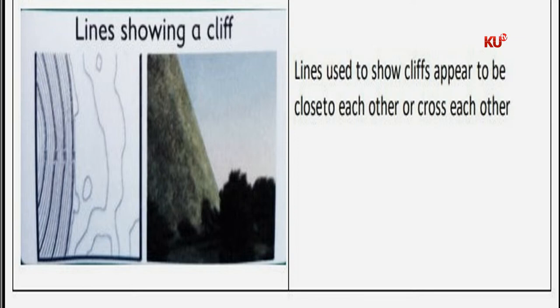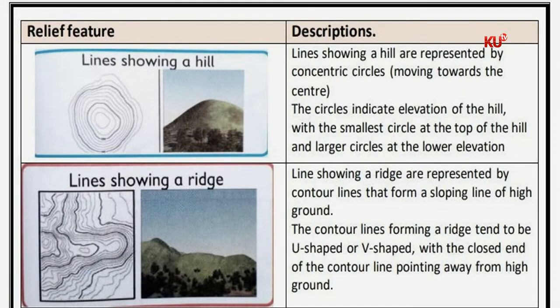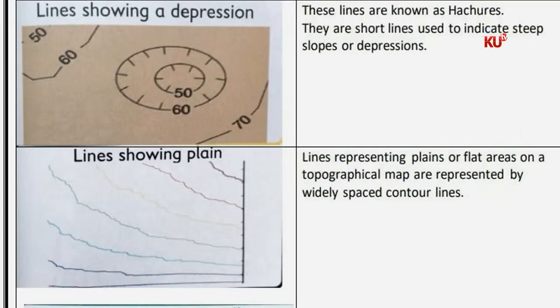And I know you are able to differentiate between the lines of a plain, a cliff, a depression, a ridge, and a hill. As we said, depression is shown by hachures.